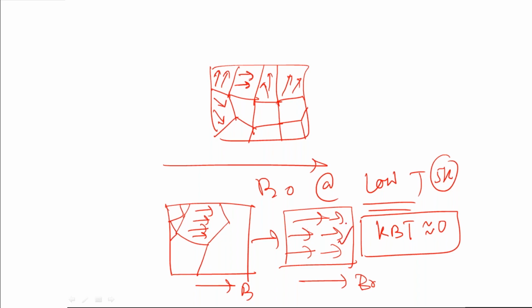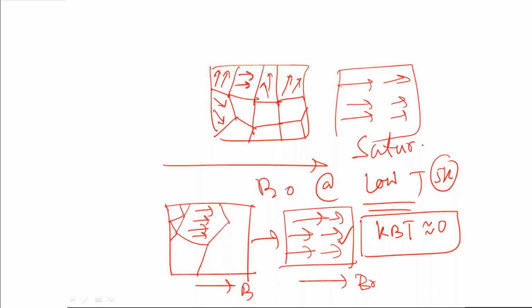This is the condition of saturation magnetization, when all the dipoles are aligned in the field direction. Here you get the maximum magnetization for a ferromagnetic material.